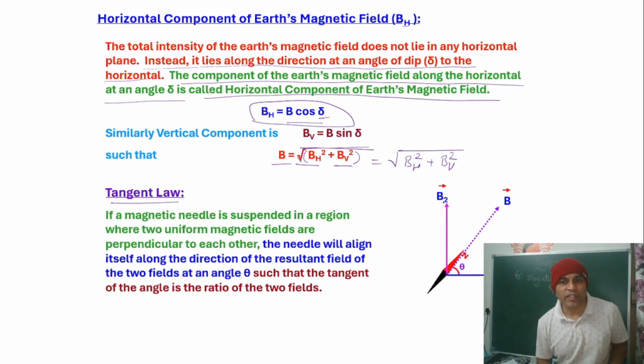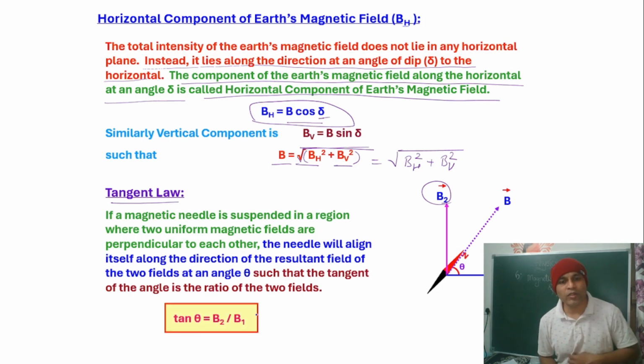So what happens? Here are two uniform magnetic fields. The needle will align itself along the direction of the resultant field of the two fields at an angle theta, such that the tangent of the angle is the ratio of the two fields. So tan theta is equal to B2 over B1.